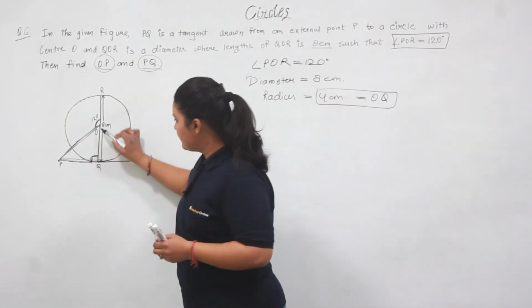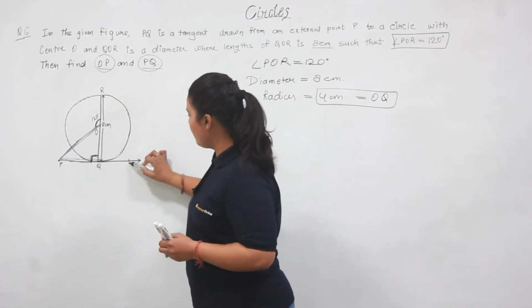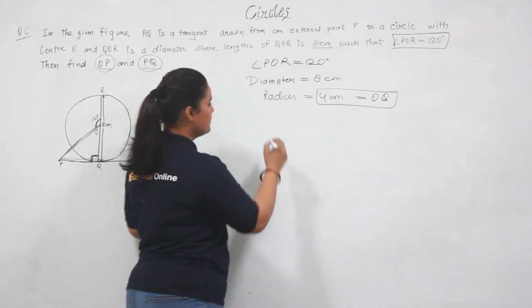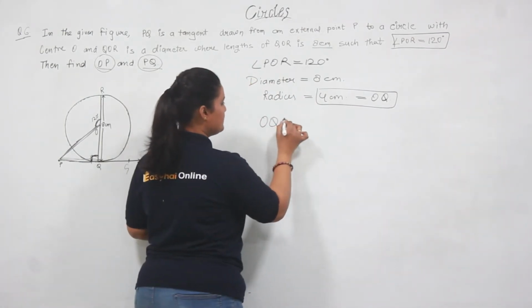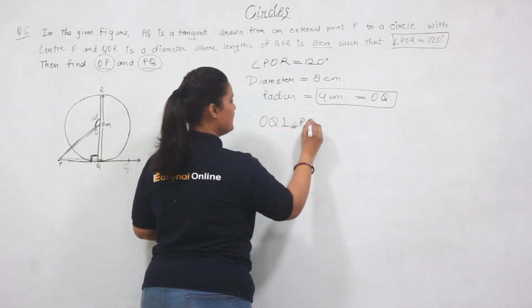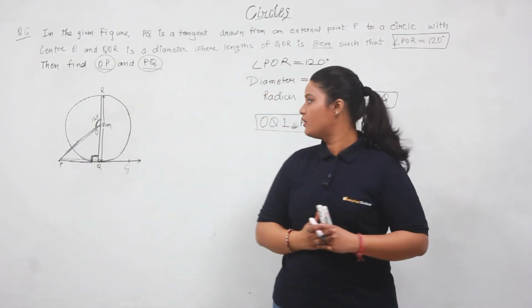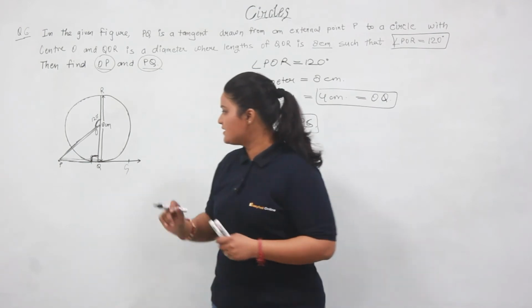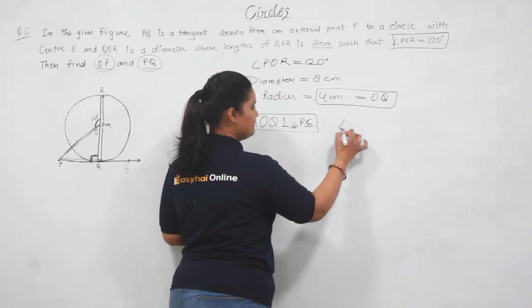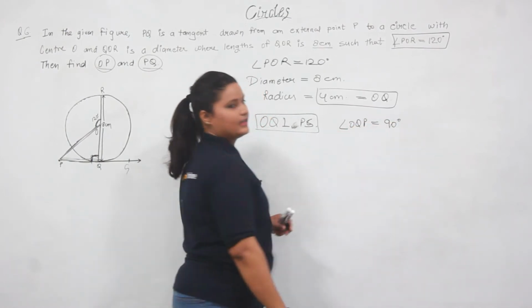It means OQ is perpendicular on PS. OQ is perpendicular on PS. So I can say angle OQP is equal to 90 degree.